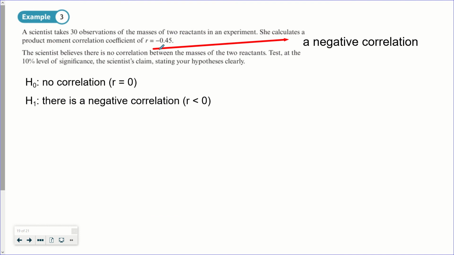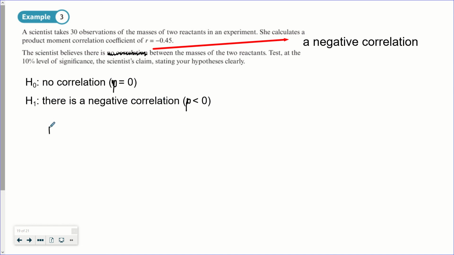It might be interesting to look at this example again, and instead let's pretend that the scientist believes that there is, rather than no correlation like we did before, a negative correlation. So H0 is still that rho is equal to 0, and our alternative this time is that rho is less than 0, that there's a negative correlation.